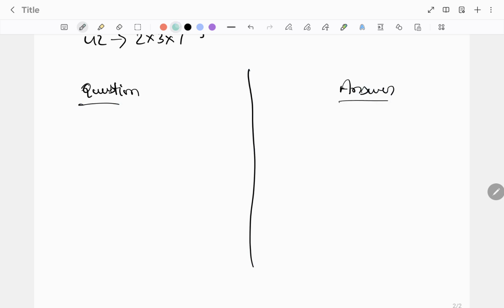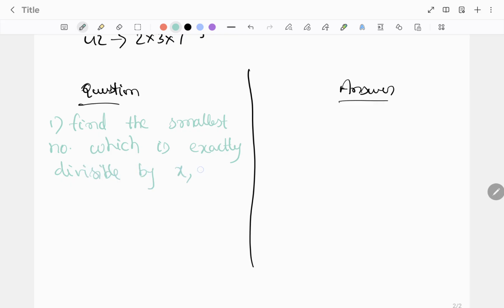First question: find the smallest number which is exactly divisible by x, y, z. Answer, simple: LCM of x, y, z.